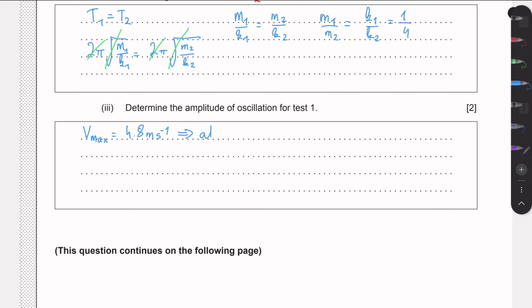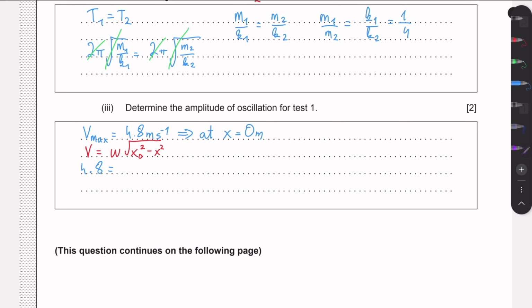So at x is equal to 0, x for displacement. And we can use the formula from our data booklet, which says that the speed is equal to the angular speed times the square root of our maximum amplitude squared minus our displacement squared. So this formula gives us the speed at a specific displacement. We know that the speed is 4.8.